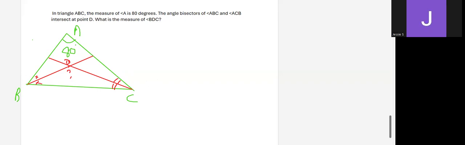Again, we will use the property of a triangle. That is, the interior angles in a triangle add up to 180 degrees.